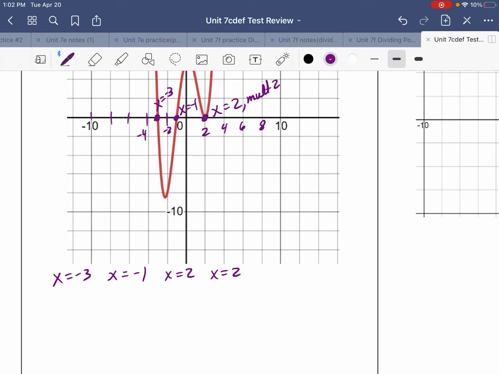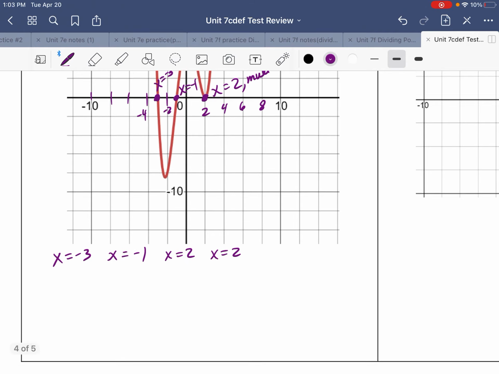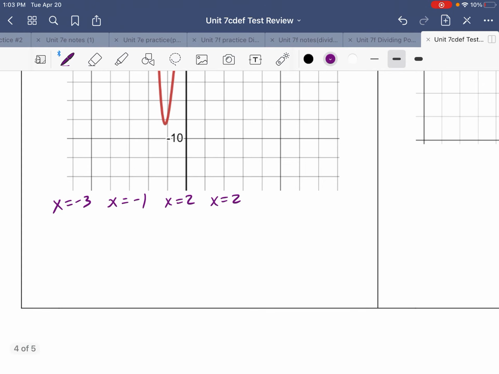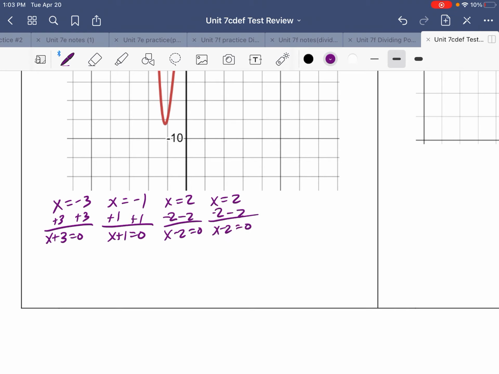We're going to write that twice so we can get the right polynomial. All right, your factors. And write it out just because, but you don't have to. The second one, and here are all your factors.